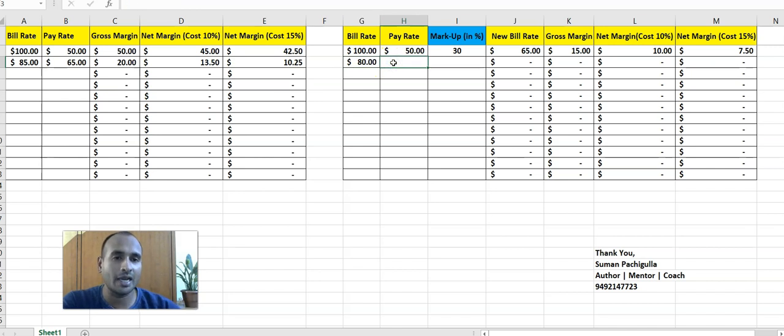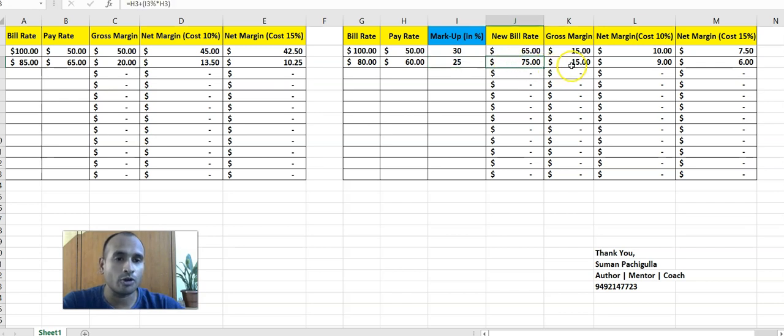Sorry, you paid the candidate $60, and the markup is, let's say, 25%. Now you understood this is the new bill rate. You have to submit the candidate at 75 if you are paying the candidate 60. Now this is your profit, whatever the markup is.